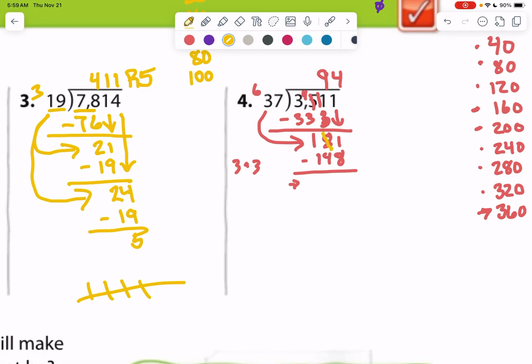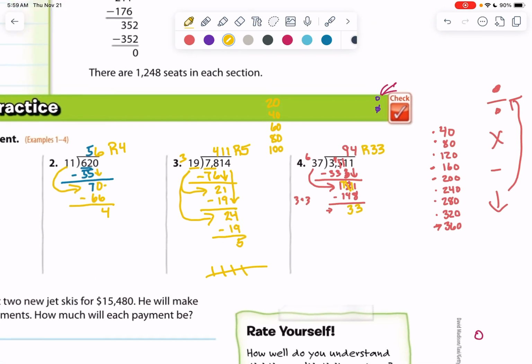Borrow from this 8, make it a 7, give it to the 1, make that 11. 11, take away 8. 8, 9, 10, 11, that's 3. 7, take away 4 is 3. Okay? 33 is less than 37, so we're okay. Remainder 33.